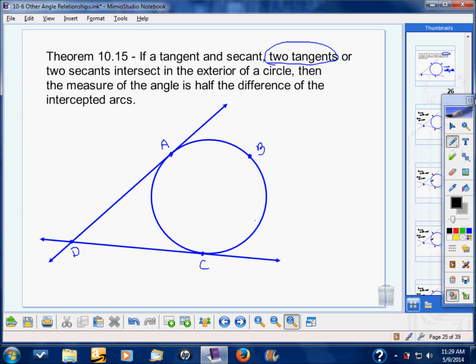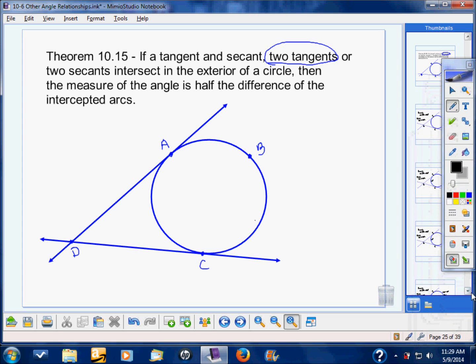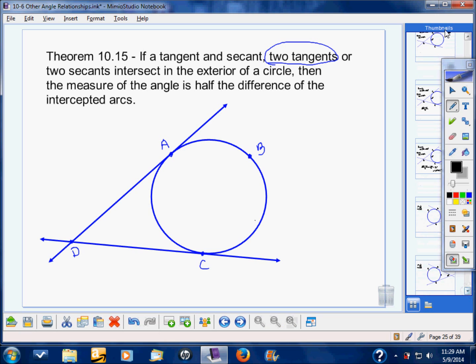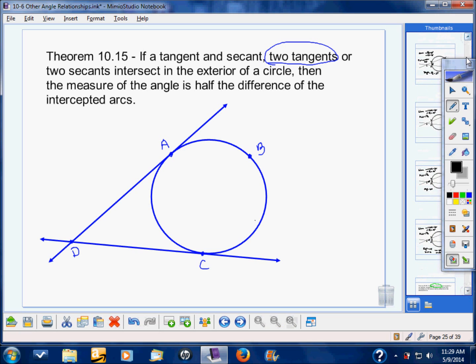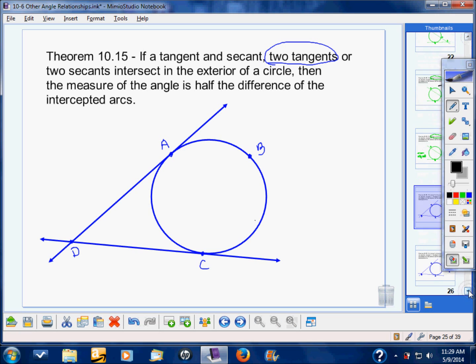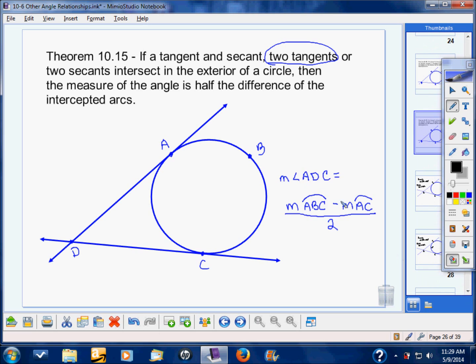So we have that. I want to go to the next one. Okay, so this is what this looks like. Measure of angle ADC is measure of arc ABC minus measure of arc AC.